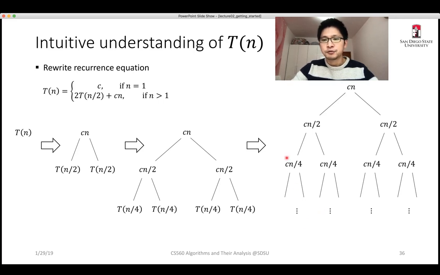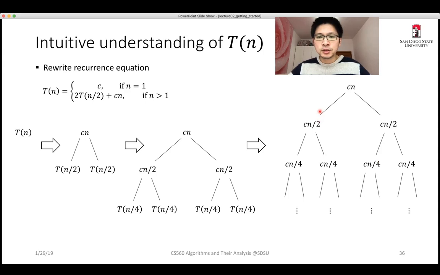Okay, so after we have a complete tree plot in which all the nodes of the tree structure have some expressions using c and n and some constants, then we can simply sum up all the numbers in the nodes of this tree, and then we can have a solution of the total running time, T of n.